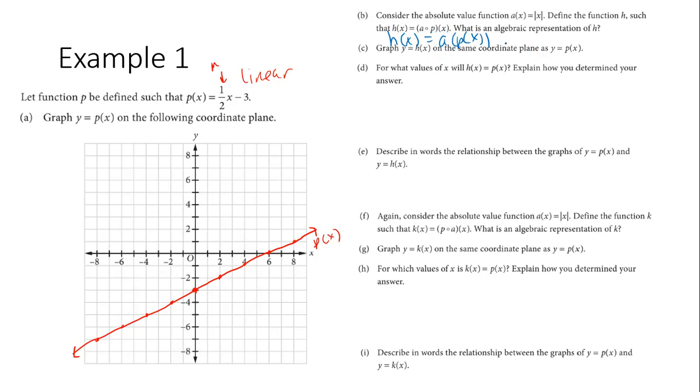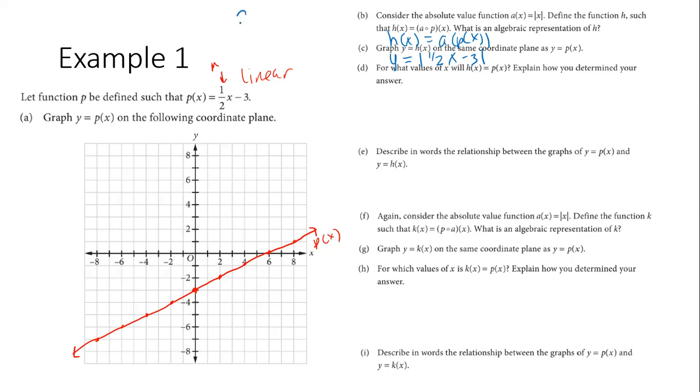So what am I graphing? What would that look like? Well, that means when I'm graphing y equals, instead of just absolute value, it is the absolute value of 1/2 x minus 3. That's what we're graphing.